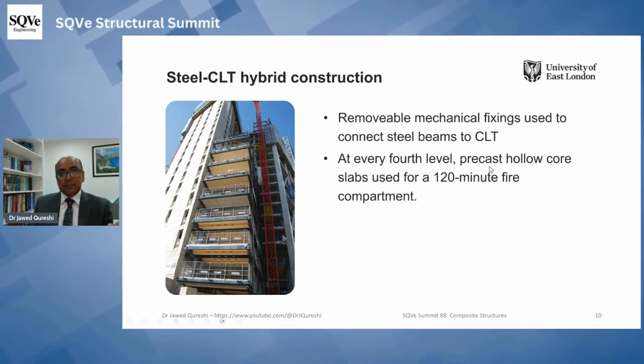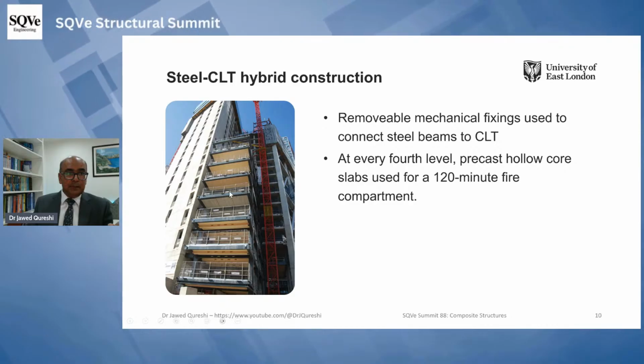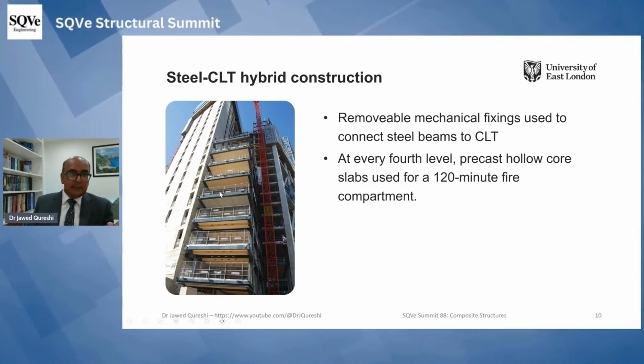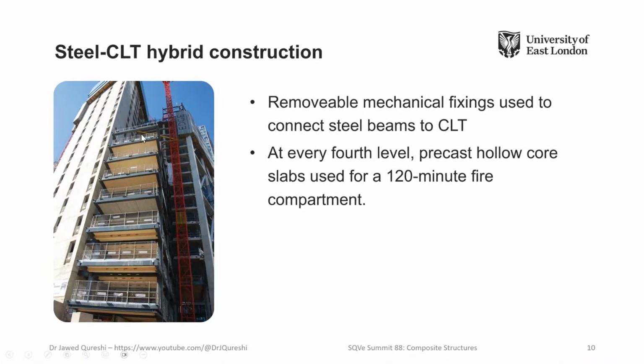At every fourth level, precast hollow core slabs were used so that we can ensure a 120-minute fire compartment. So after every fourth floor, we have precast hollow core units. You can see here that the color is quite different from the color of these three floors. And this is the precast hollow core slab. The reason is that we want fire resistance.